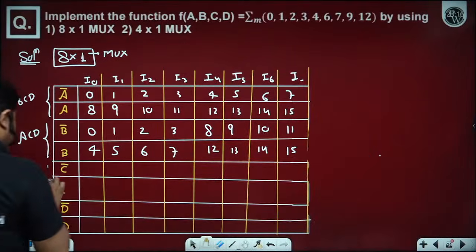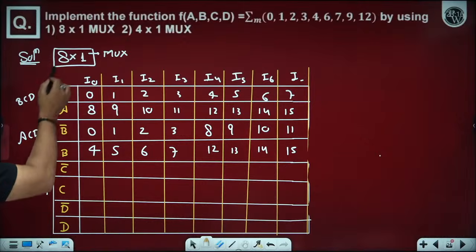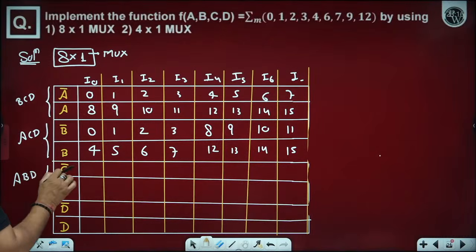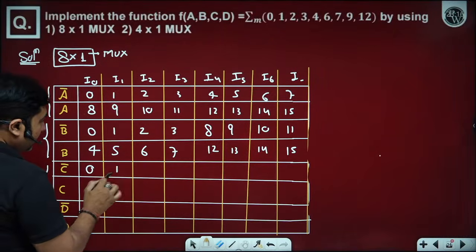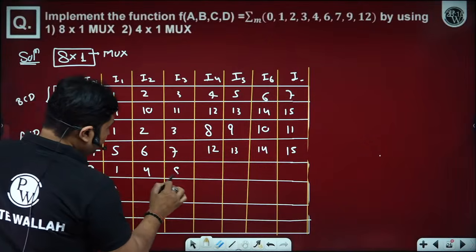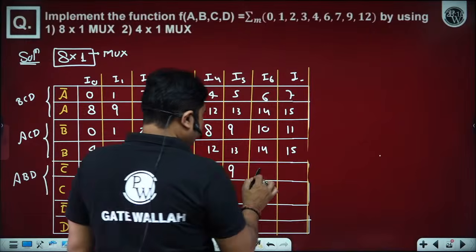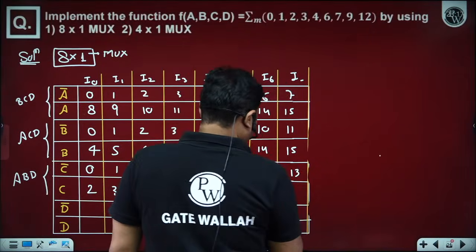Maybe someone has taken a select line as A, B, D. If someone has taken a select line A, B, D, then 0, 1, 2, 3, 4, 5, 6, 7, 8, 9, 10, 11, 12, 13, 14, 15.